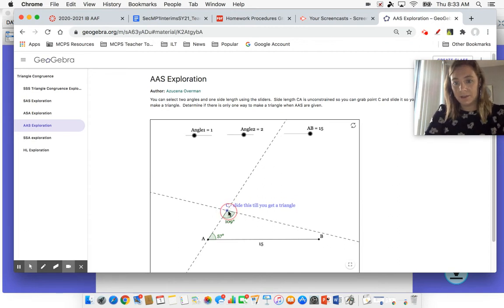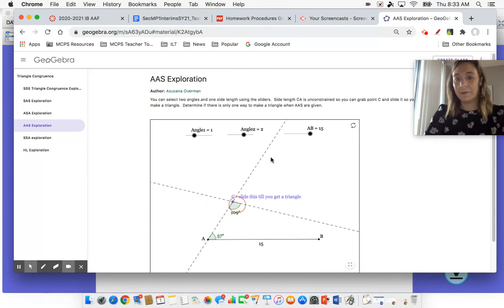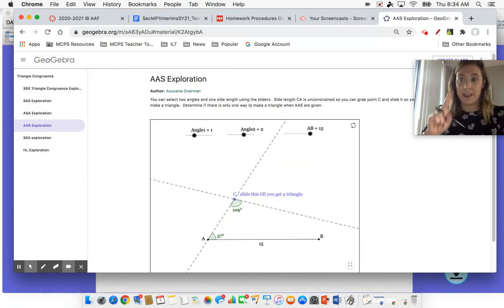As I move it down, there's only one option for another triangle. If I go past this, I'm not getting another triangle with those two angles. If I go up here, I'm not getting another triangle. There's one unique triangle that can be created with this criteria. Therefore, any triangle with this criteria is going to be congruent to each other.